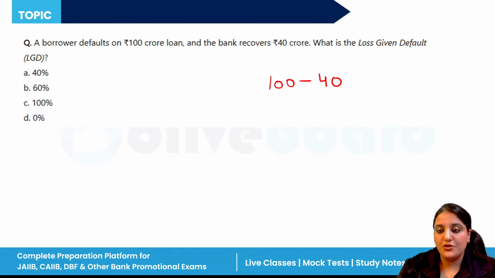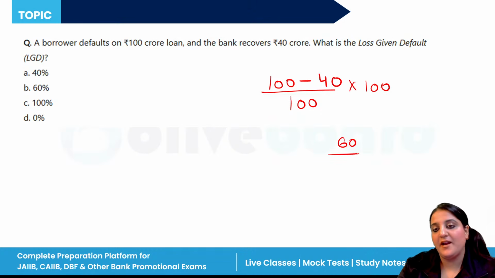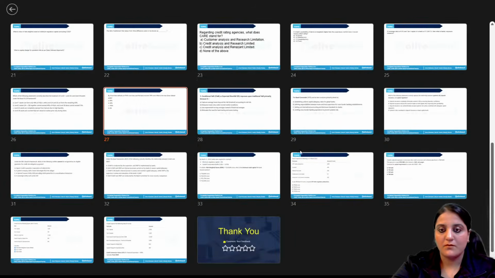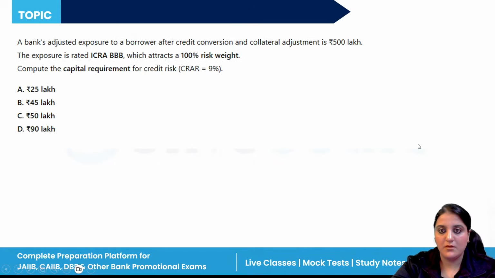Then the loss, 60, should be divided by 100 because exposure at default, and multiplied by 100. So 60 by 100 multiplied by 100 is equal to 60%. Option B is correct. Clear? Then this is done.